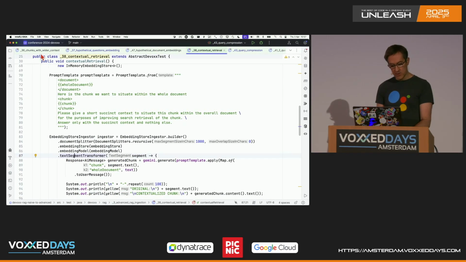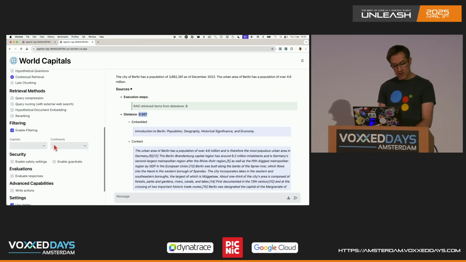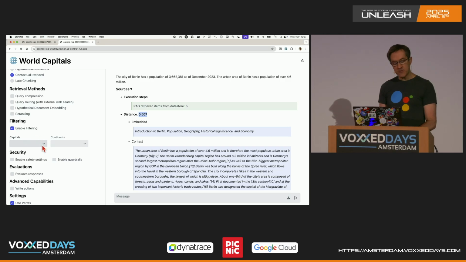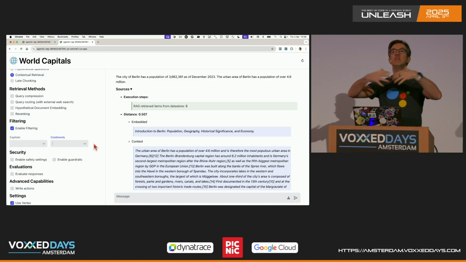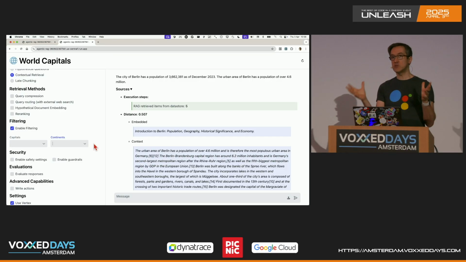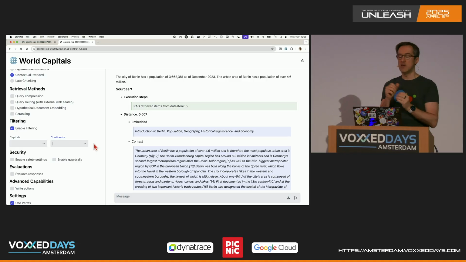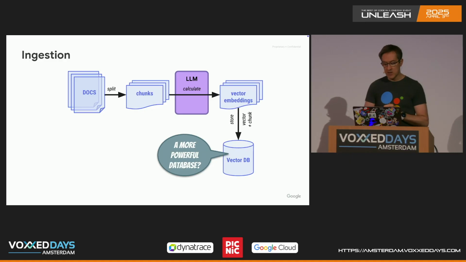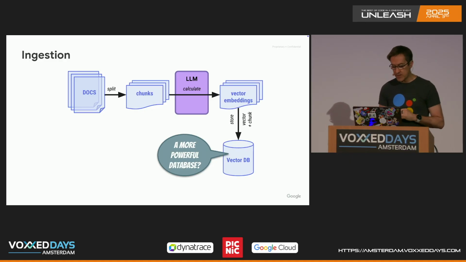For example, in my app here, you can see that I can filter on the list of capitals or the list of continents, because if you have to search through millions and millions of chunks and vector embeddings, it's going to be faster if you've got a smaller subset that you know you should look into. It also means you'll get more relevant vectors returned. So it can be important to choose an appropriate vector database.